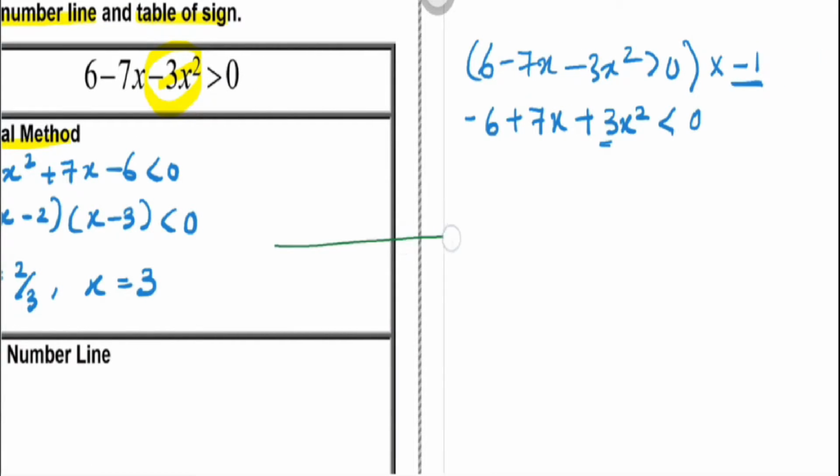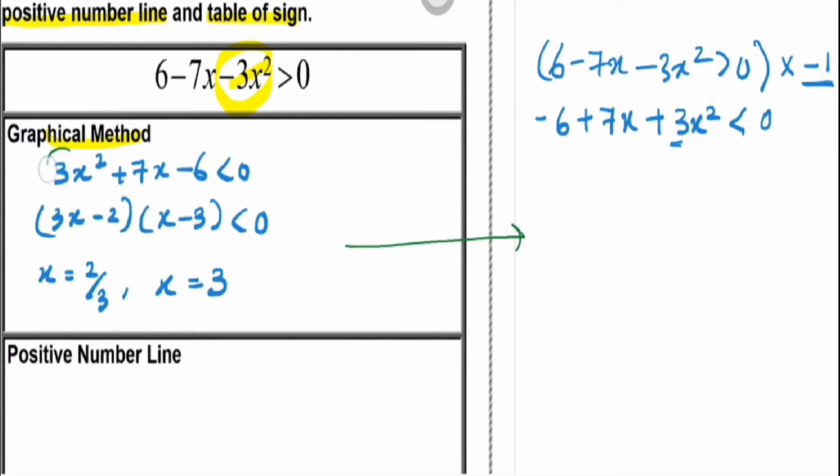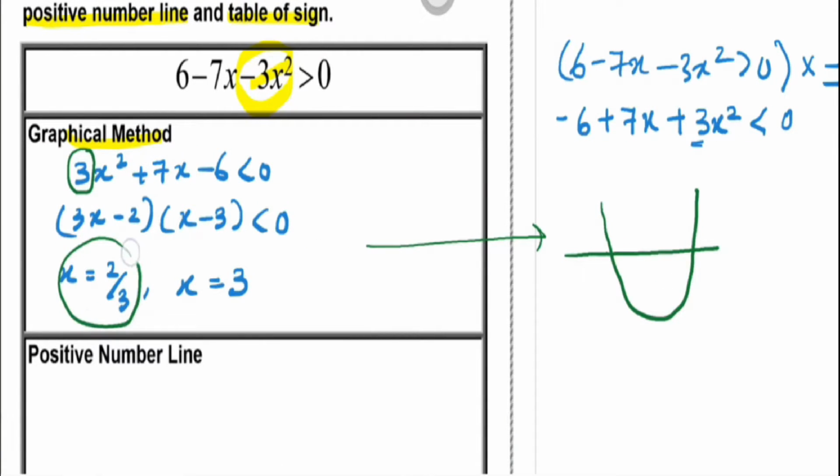Okay, so kita akan draw kita punya graph. Disebabkan kita dah pun positifkan dia kat sini, jadi graph kita akan senyum sentiasa. Okay, and then because of these values, we have two values of x. Jadi kita akan plotkan kita punya nilai 2 over 3 and 3, both of them.